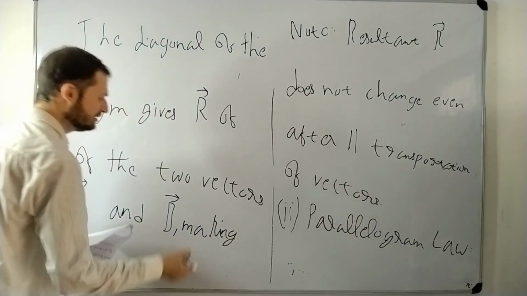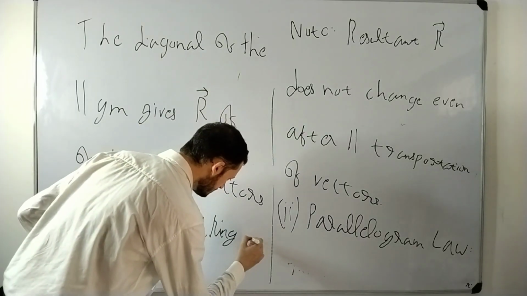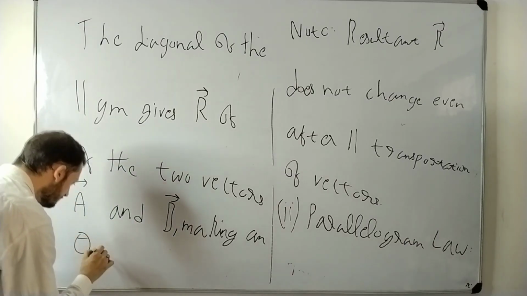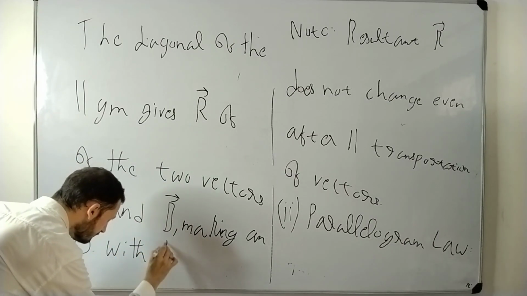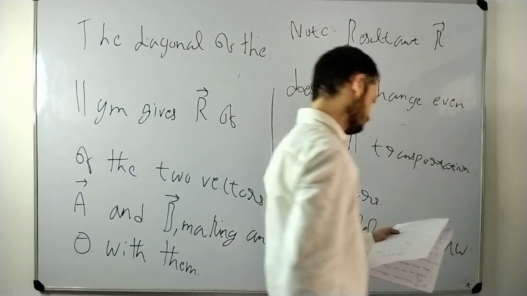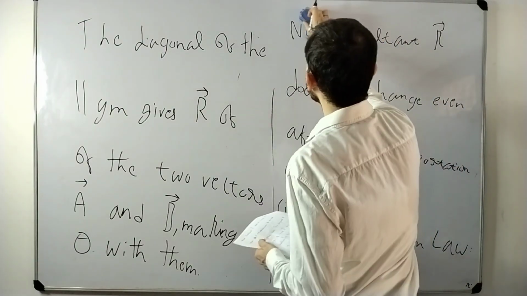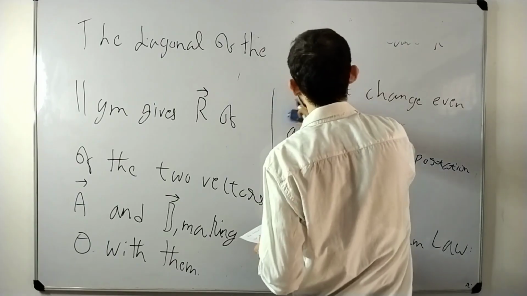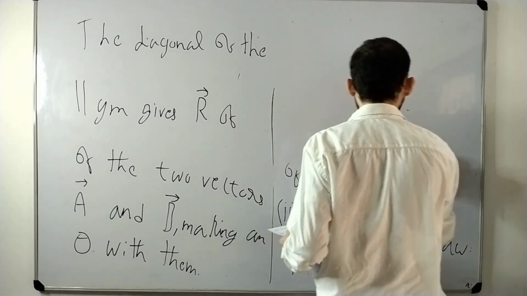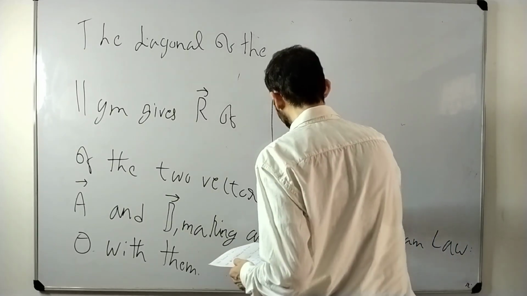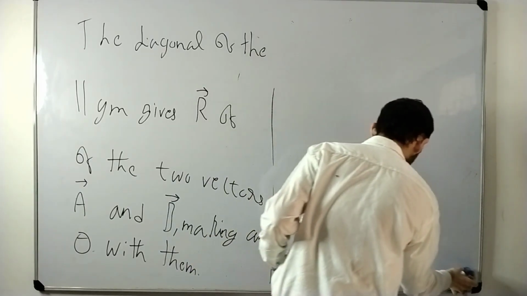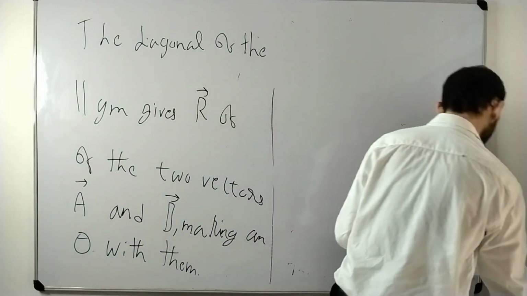So angle could be anything, phi or anything, making an angle theta with them. So here angle use becomes important. It actually gives us the magnitude of the resultant vector in this way. Let us see the derivation.